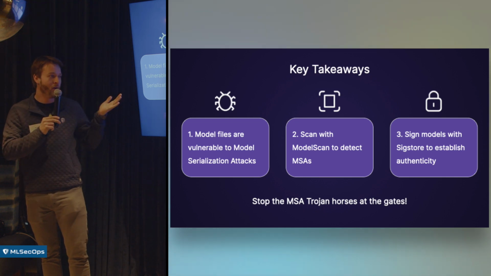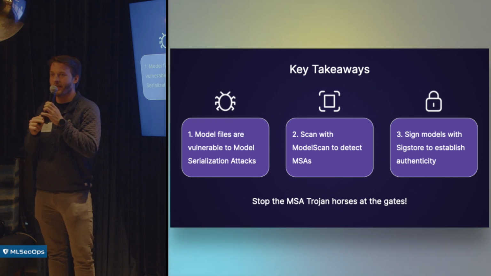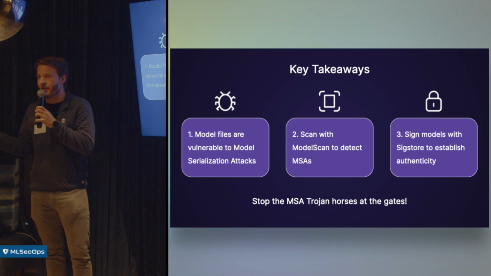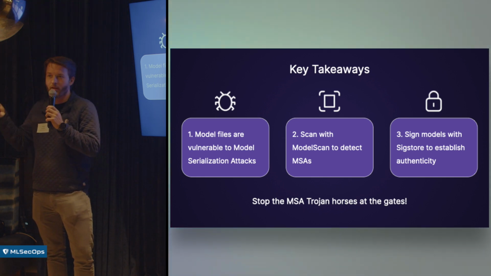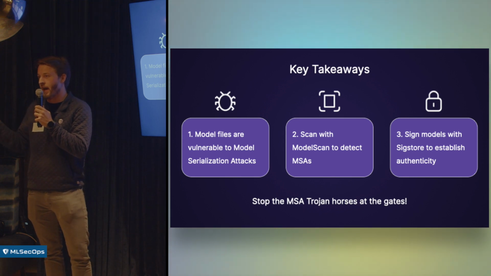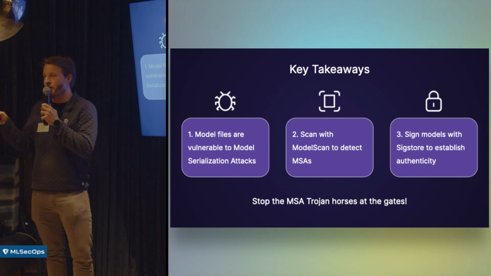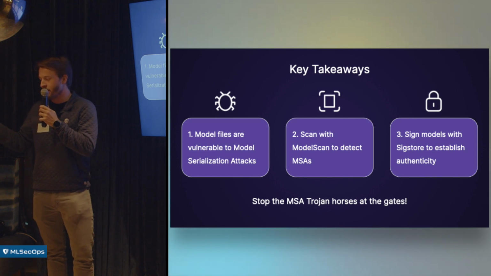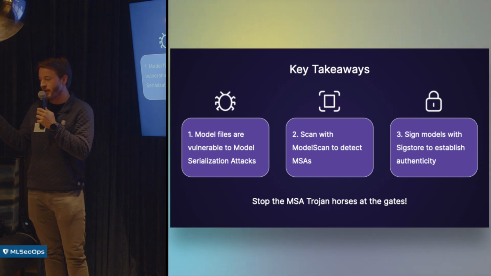So overall, we covered a lot of ground, and if there is nothing else that you take away from the presentation, then the three main things are that first, any model file can be vulnerable to a model serialization attack, because any of these model files are going to be executing some kind of code to unpack themselves when they're getting deployed. So any model is vulnerable to an MSA.